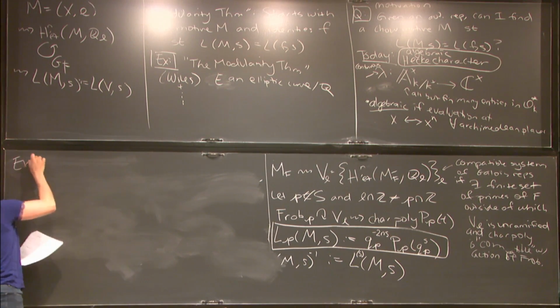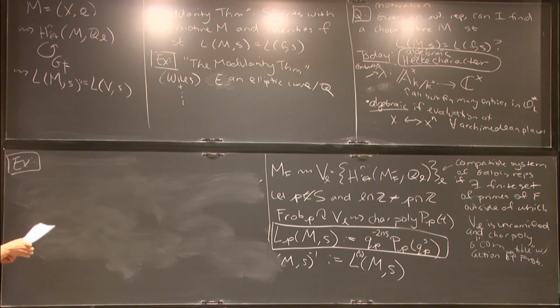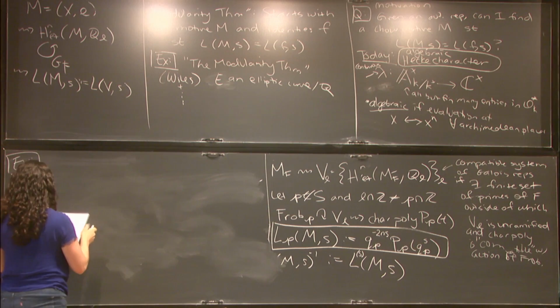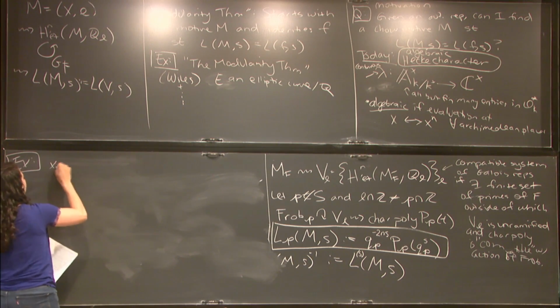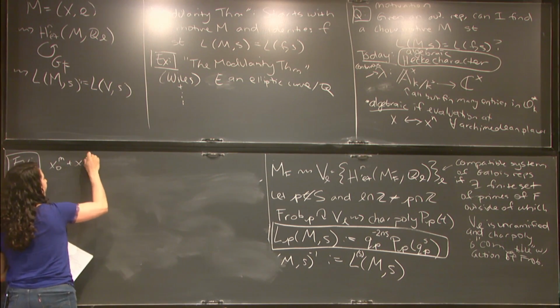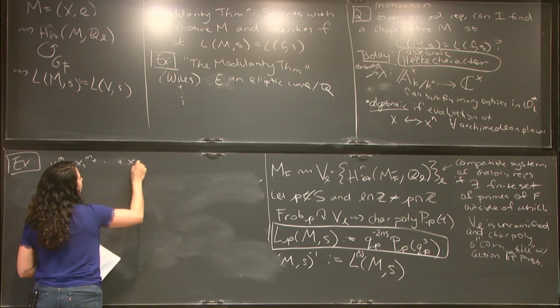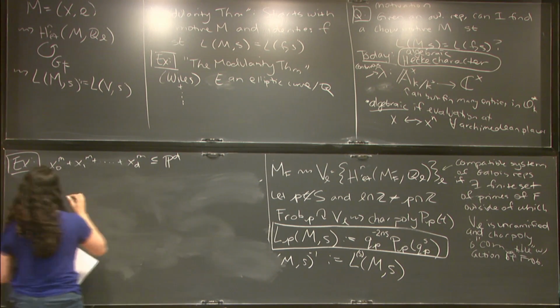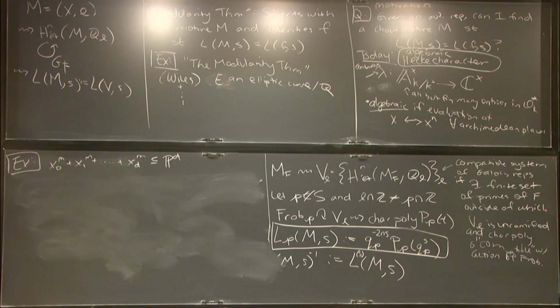So let me just do one example that I claim satisfies all these conditions. Right? Let's consider something like a Fermat hypersurface in projective space. Right? So this is a nice object. Let's call this guy X sub m.